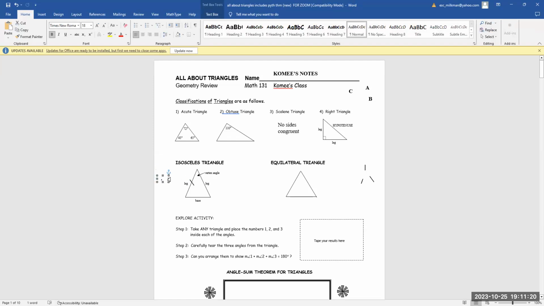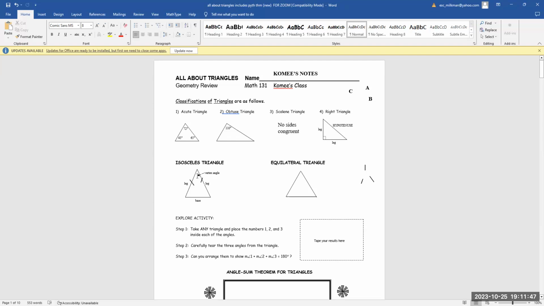And again, this is true for your isosceles triangle. We mark those with little hash marks like that. The two sides that are congruent are called legs, much like in a right triangle.